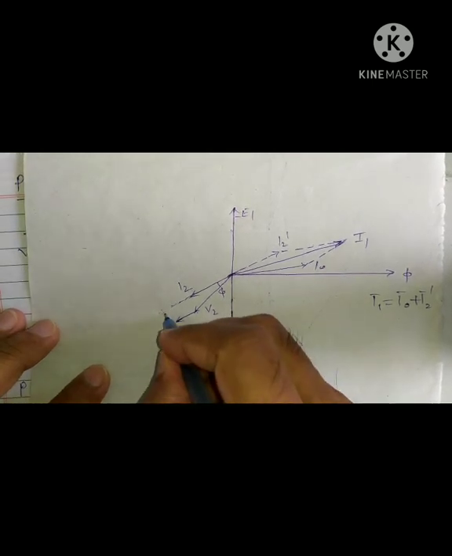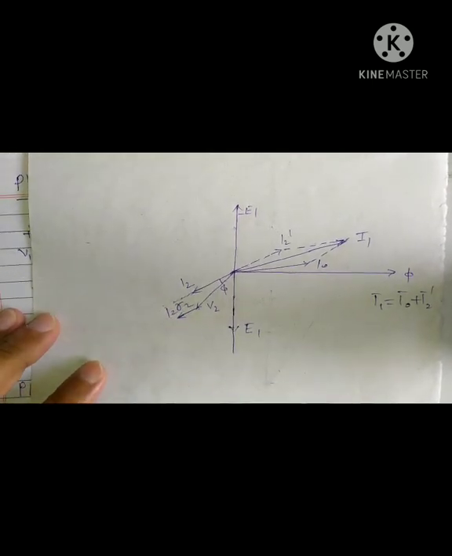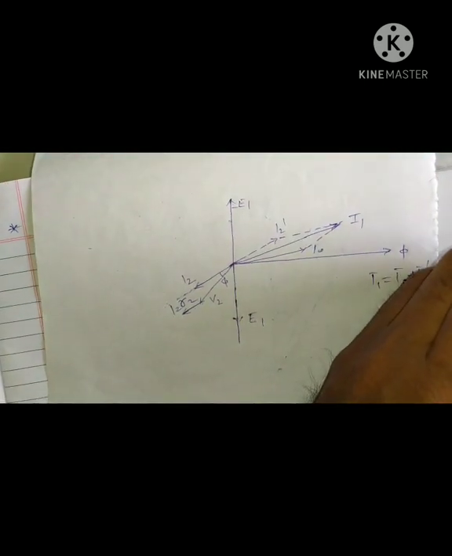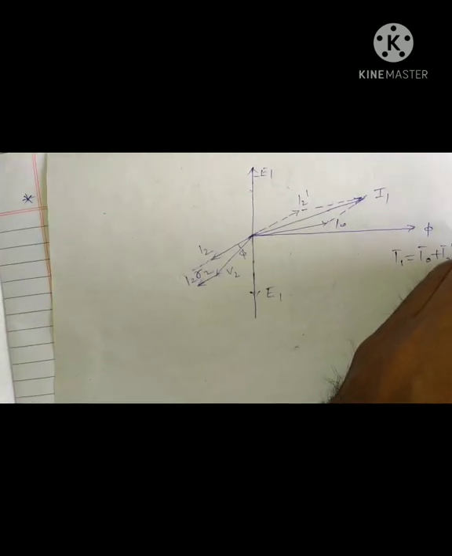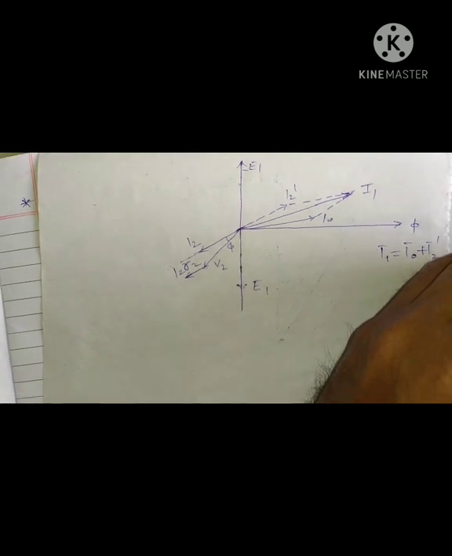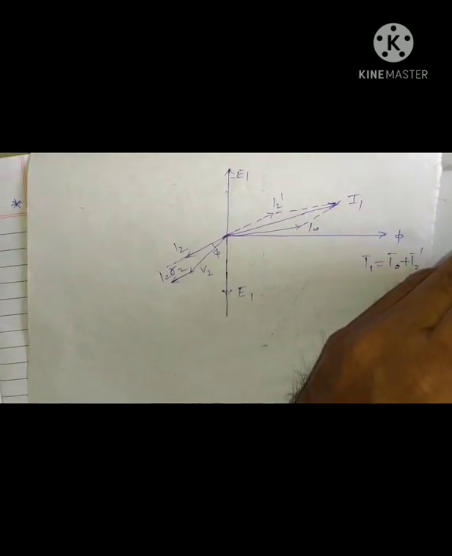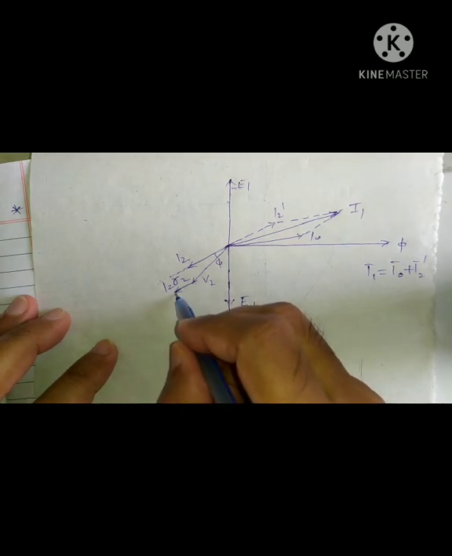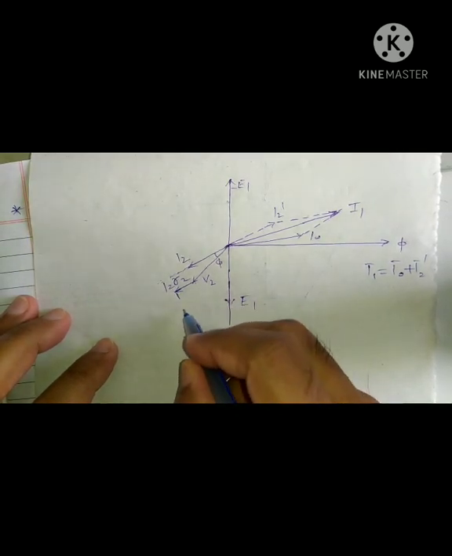This is I2R2, and I2X2 will be leading I2R2 by 90 degrees.